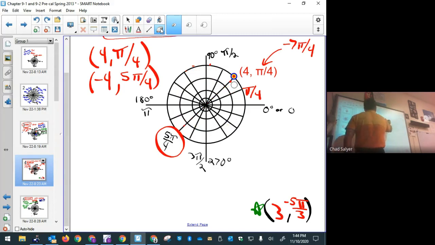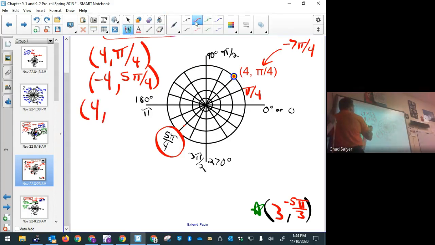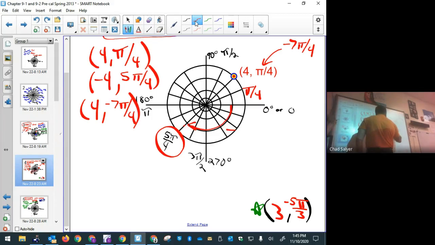Okay, so I can say (4, negative 7 pi over 4), and it means the same thing. So now we have three ways to say this. There's one more. You see how 5 pi over 4 could also be described as negative 3 pi over 4?